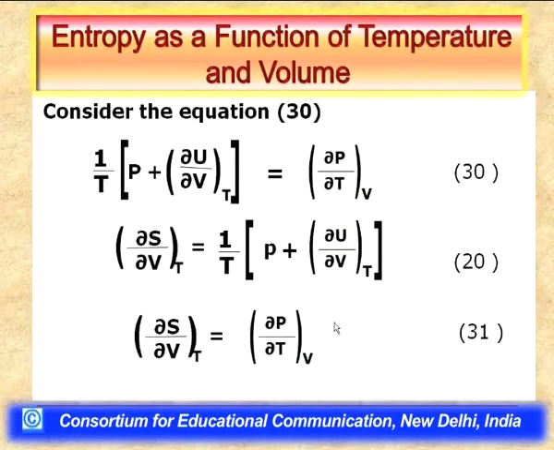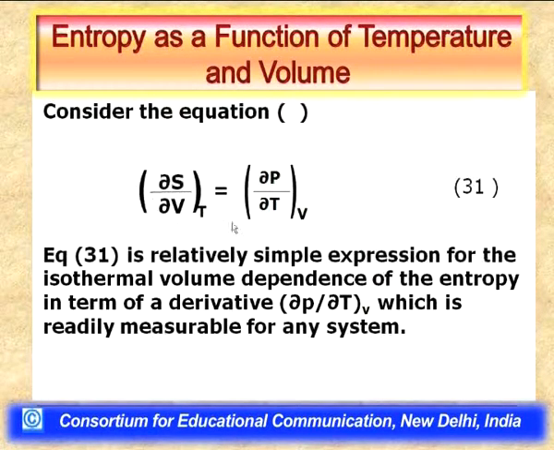So this equation is a relatively simple expression for the isothermal volume dependence of the entropy. This is how we would like to read this term. We should understand how to read the mathematics, how to read the equations. The left-hand side of this equation represents the isothermal volume dependence of the entropy.